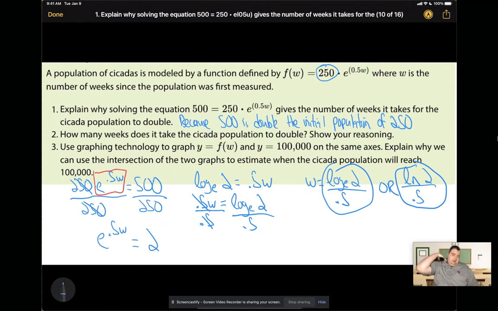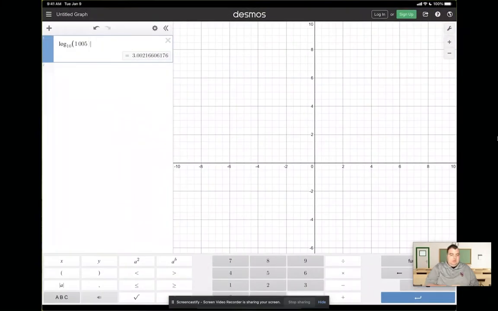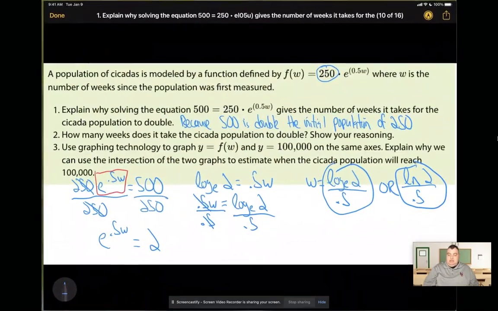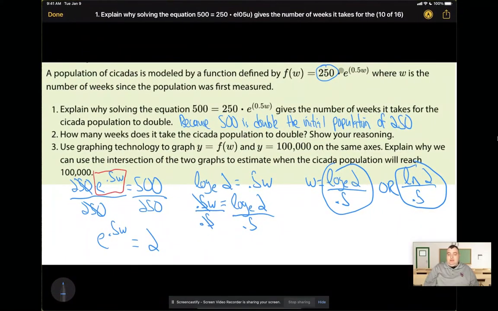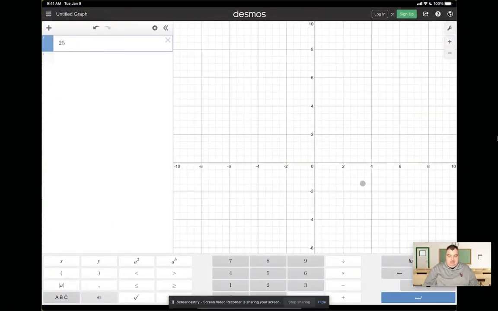Number 3: use graphing technology to graph y = f(w) and y = 100,000 on the same axes. So let me go to Desmos. When I do this, if I type in w, it won't graph, so I'm going to replace the w with an x. The good thing about Desmos is if I type in e, it will interpret it as the number e, not the variable e.